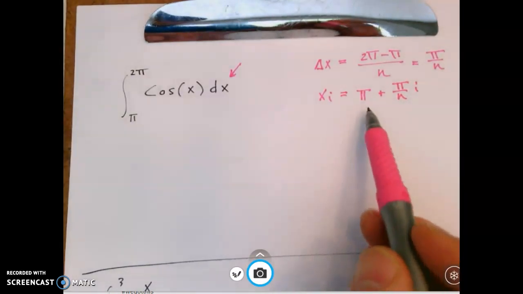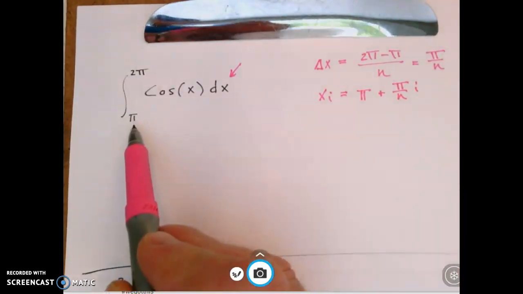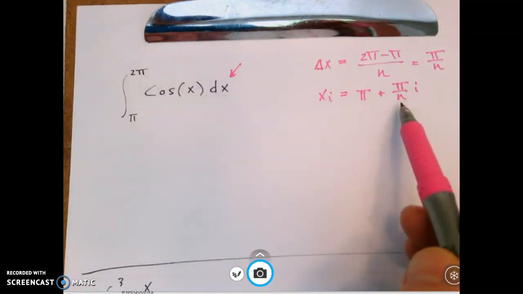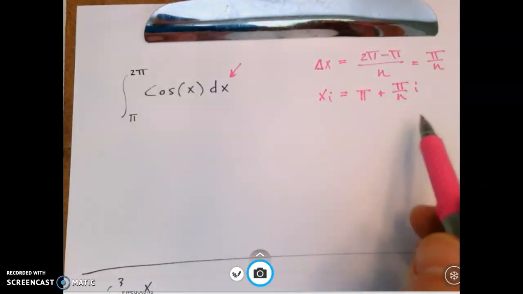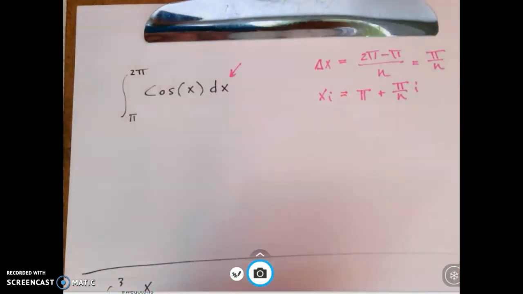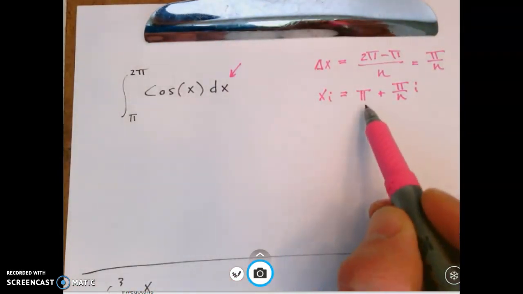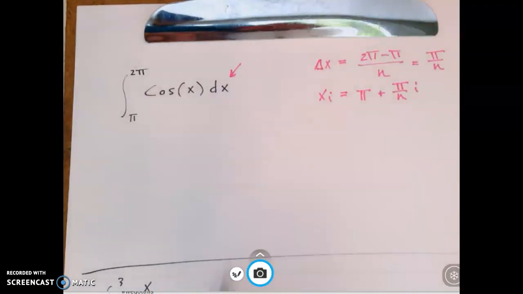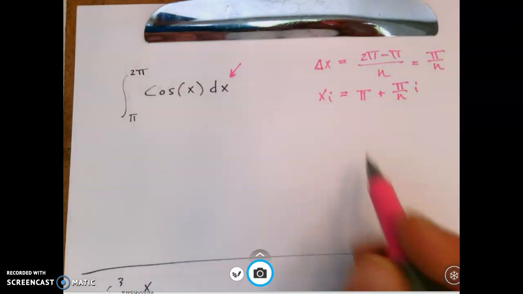So our pi comes from here. We have our starting value plus our delta x, pi over n, times i. This is our ith term, and this is for a right-hand rectangle. If it's a left-hand rectangle, then it would not start with pi; it would simply start with the first one. But we don't do left-hand. We always do right-hand.